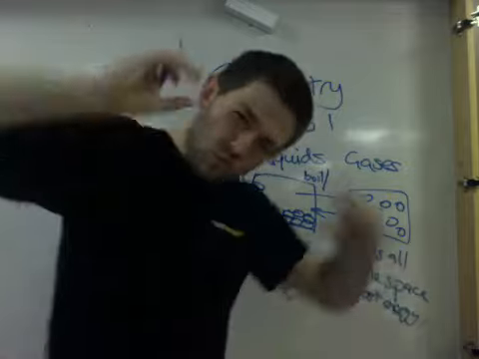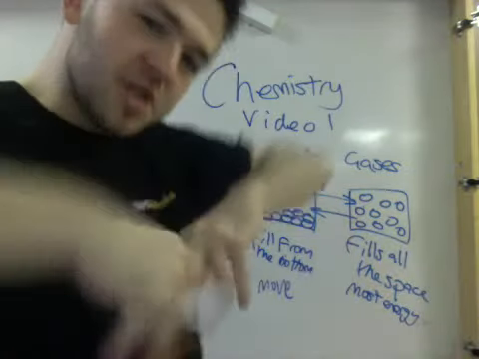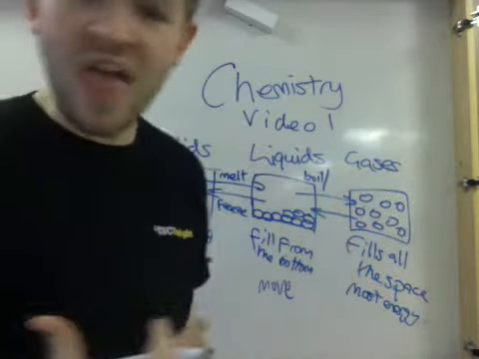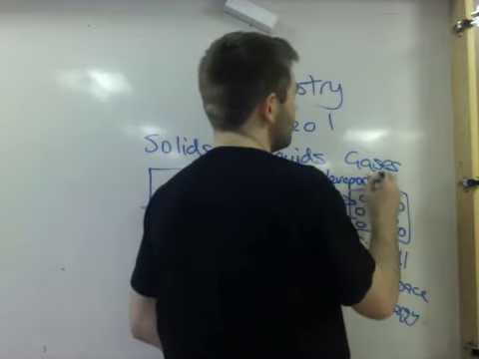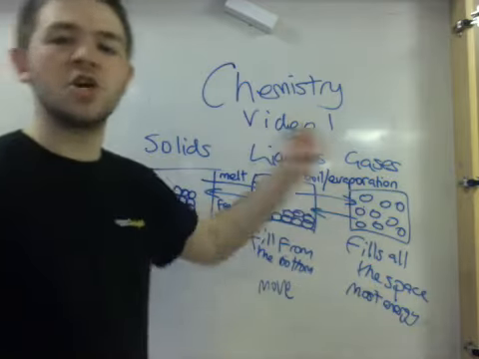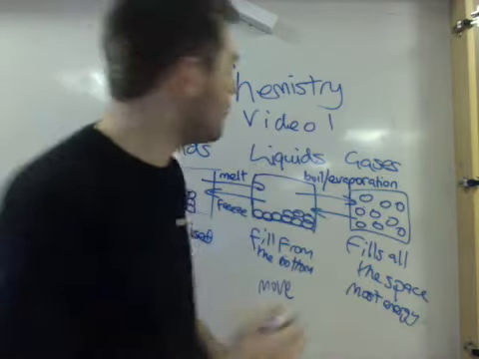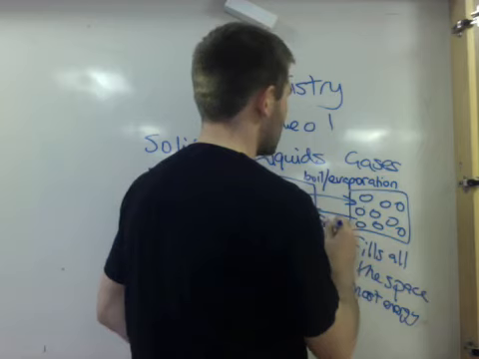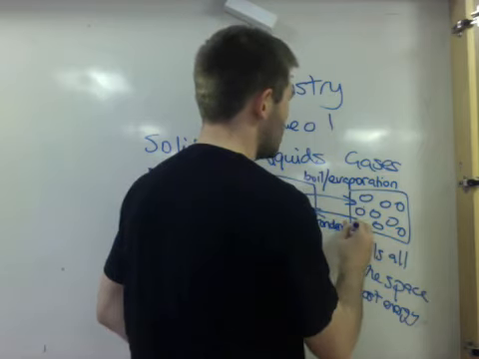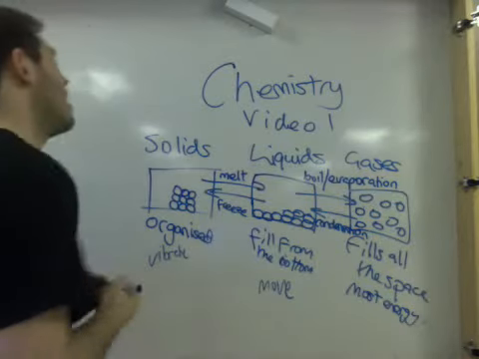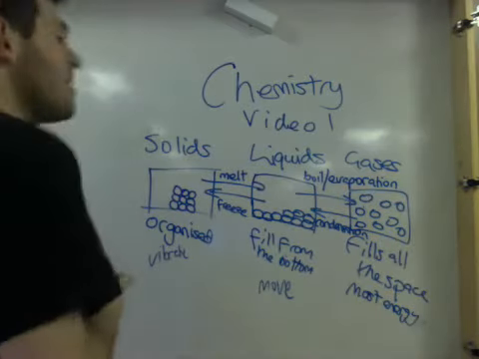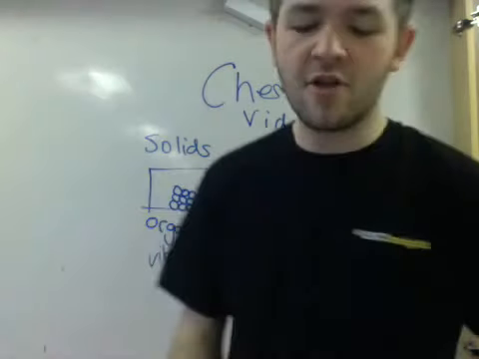But if it's just one random bit of particle that gets hotter and goes up because it got very lucky with energy, you can also have what's called evaporation. And when the gas turns to a liquid, for example in clouds, we call that condensation. Big word. Condensation. So those are those there. And that's the basics of the particle model.